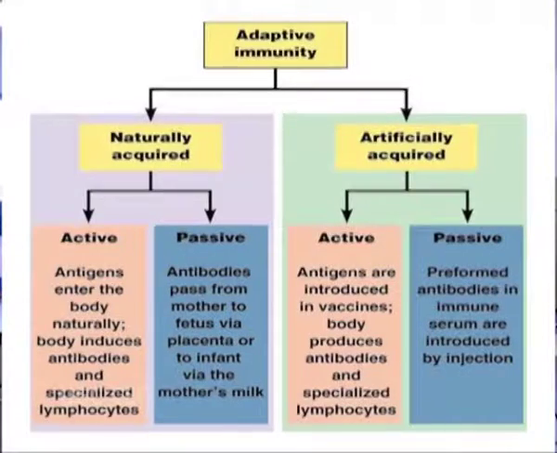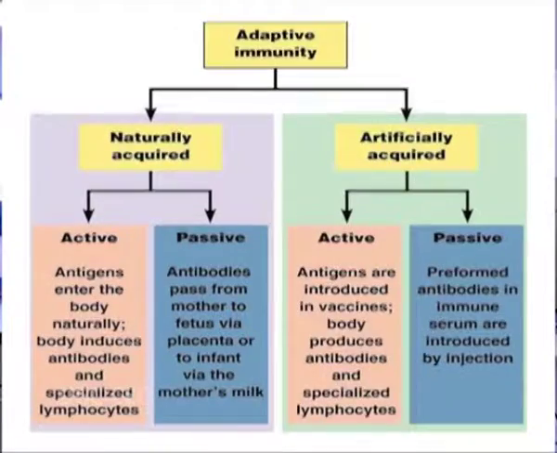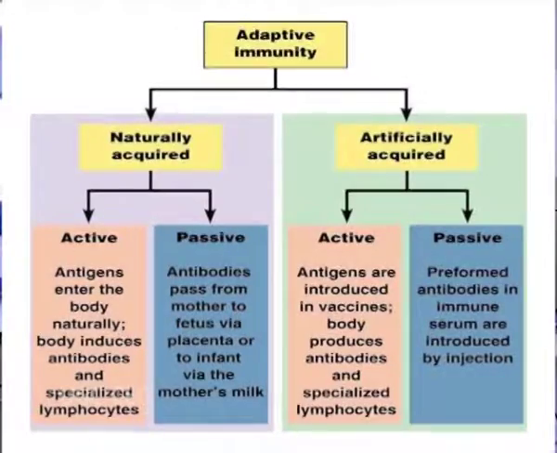When a body comes in contact with a pathogen because of an infection, it recognizes the pathogen and mounts an immune response against it. This is known as naturally acquired immunity. When a pathogen infects the host, its immune system experiences the pathogen's antigenic structure, which leads to sensitization of T cells and B cells.